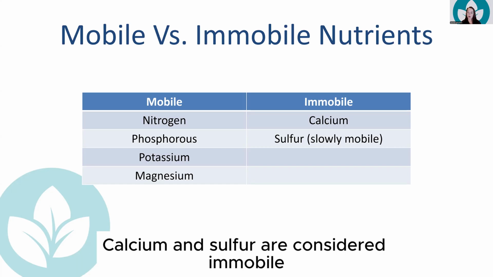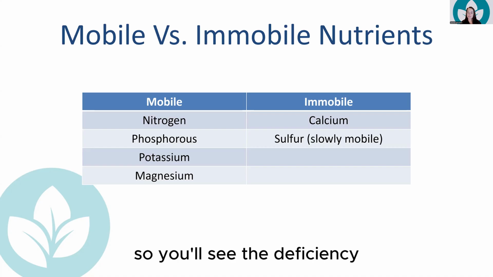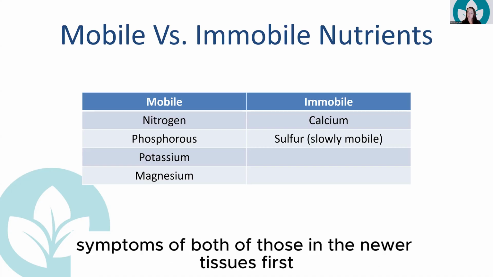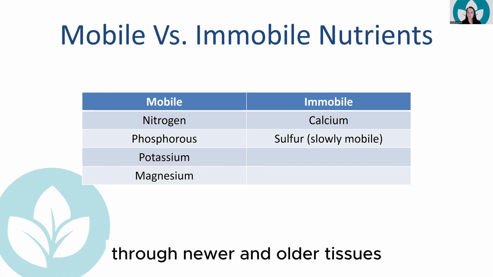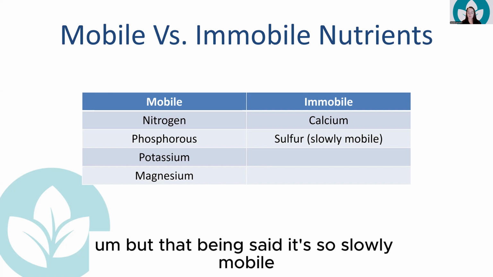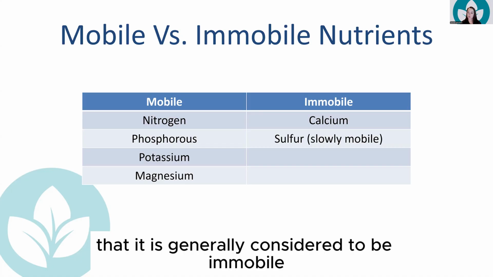Calcium and sulfur are considered immobile, so you'll see the deficiency symptoms of both of those in the newer tissues first. Now, sulfur is slowly mobile. It can move, so a deficiency may present as a little more evenly spread through newer and older tissues. But that being said, it's so slowly mobile that it is generally considered to be immobile.